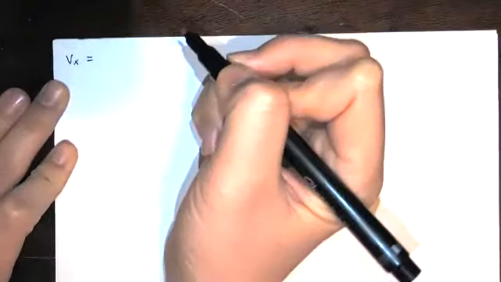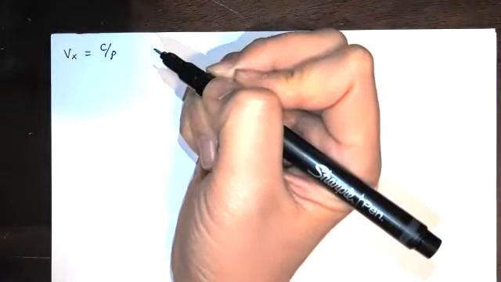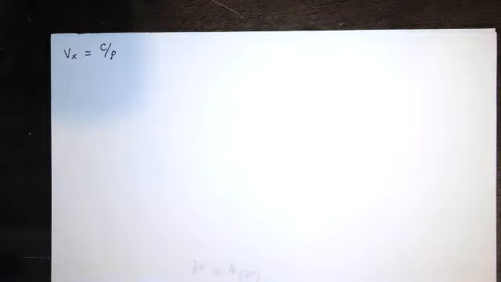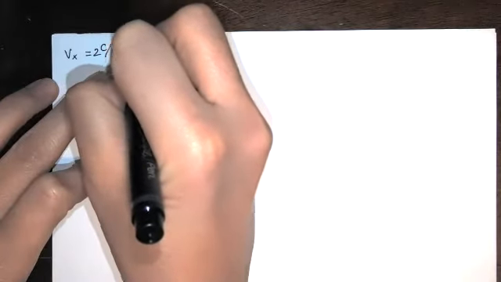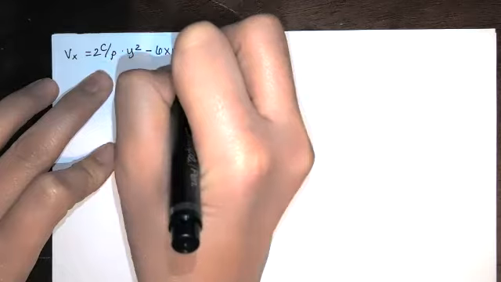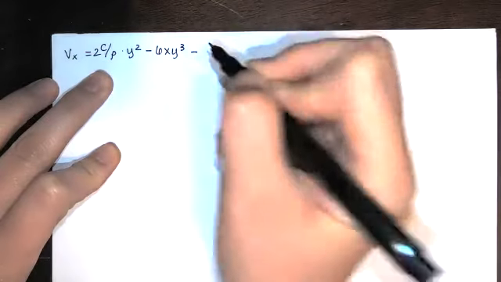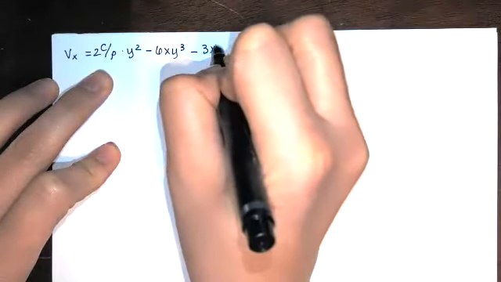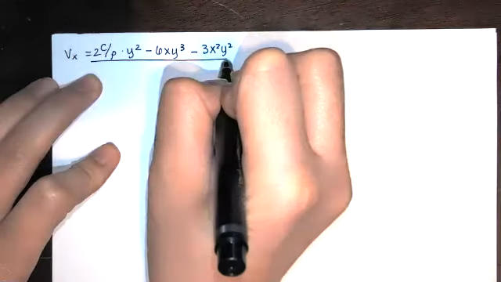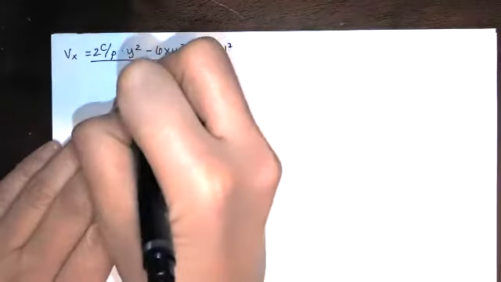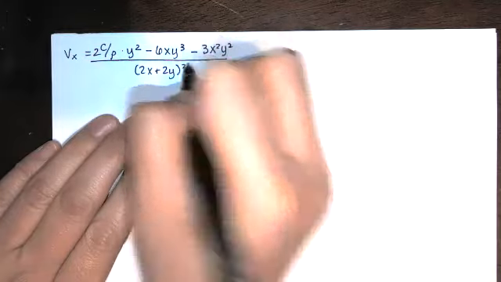Now remember, our partials of v with respect to x and y were given by these expressions. We had 2 times c over rho times y squared minus 6xy cubed minus 3x squared y squared, all divided by 2x plus 2y, quantity squared.